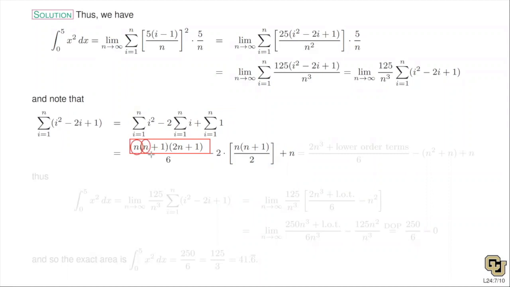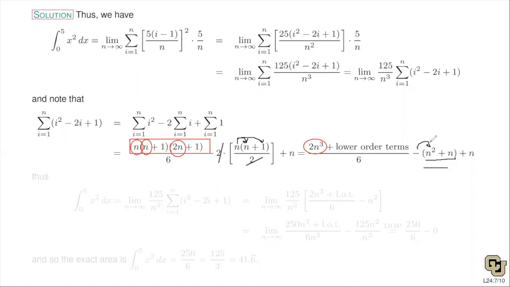So I multiply n, and 2n to get 2n cubed here as my highest power for the first fraction. For the second fraction, the 2's cancel. And here, if you distribute this n, you get n squared plus n.